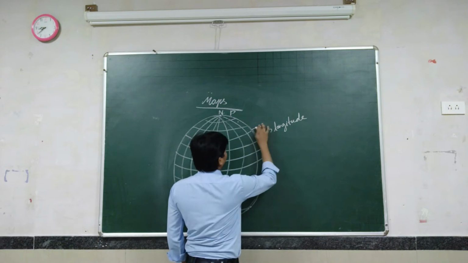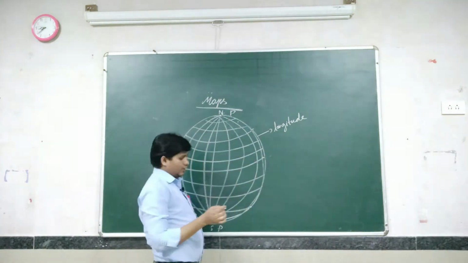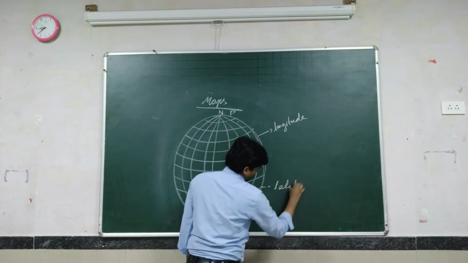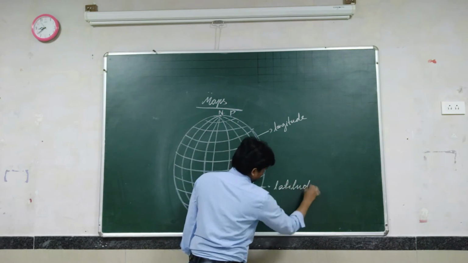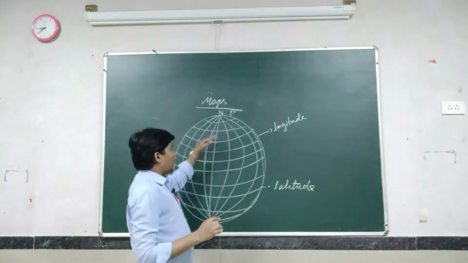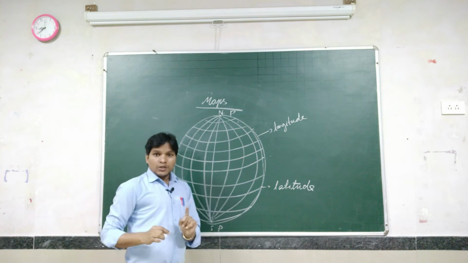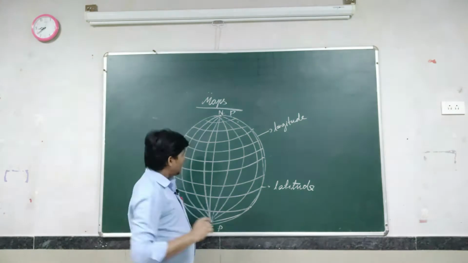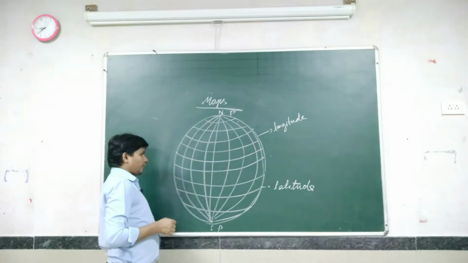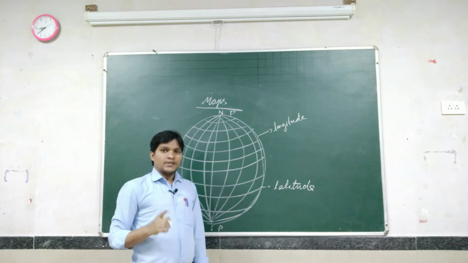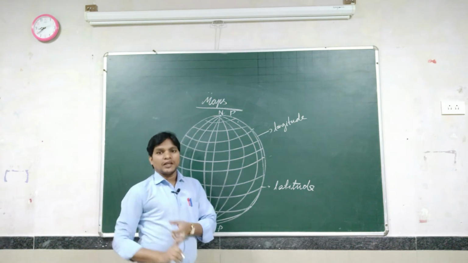Latitude. Keep in mind properly: the lines joining the poles are longitude, and the parallel lines are latitude. Among them, here we will discuss 0 degree longitude and 0 degree latitude.